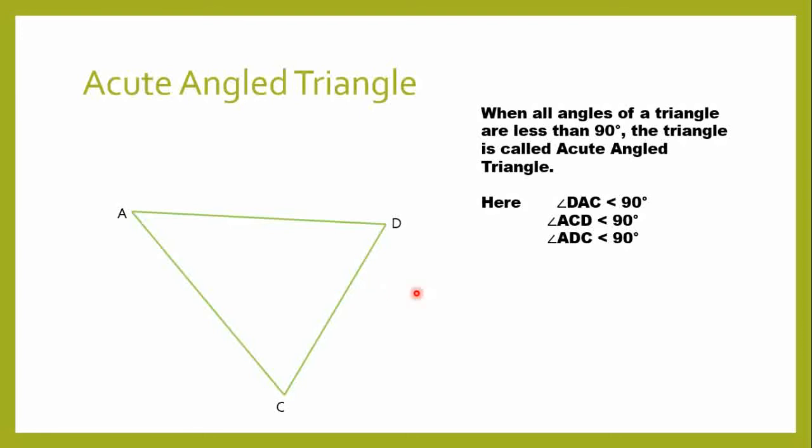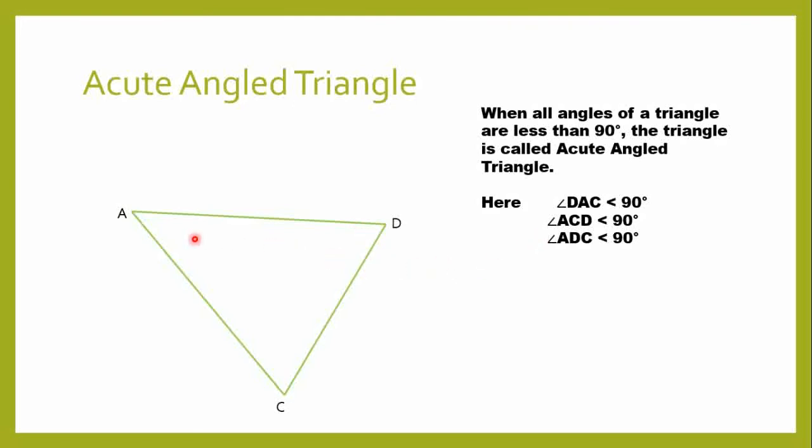types of triangles. So the first one is the acute angle triangle. If we measure the value of angles of a triangle, and if all the angles are less than 90 degrees, then that triangle will be called an acute angle triangle.